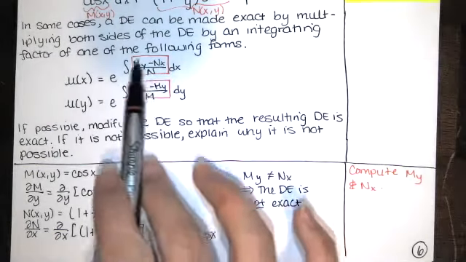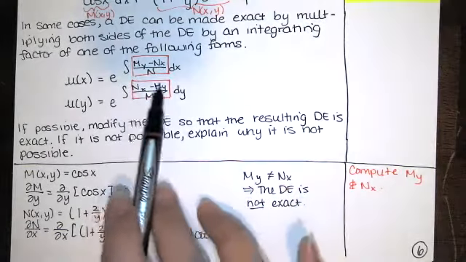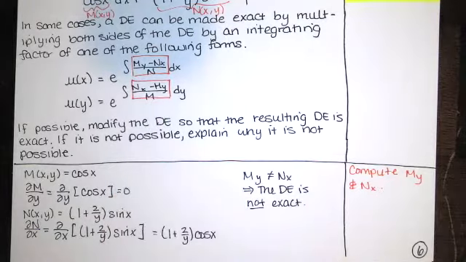But if this expression involves x and y, we can't get either one of these, and we would have to solve a partial differential equation instead. We did the derivations for these in the videos over exact differential equations, and that's on the elementary differential equations playlist if you want to watch it, if you're wondering where these come from.